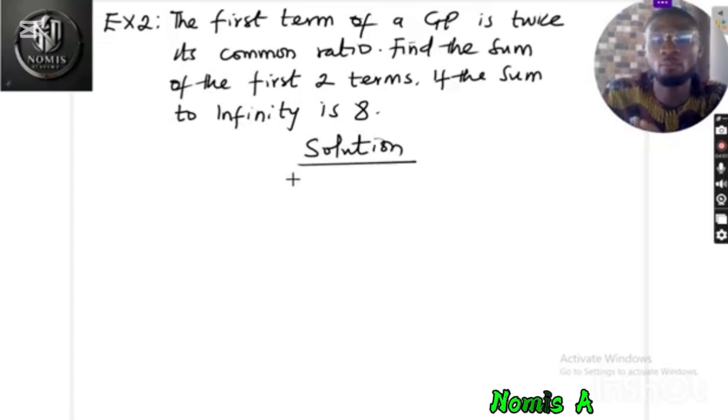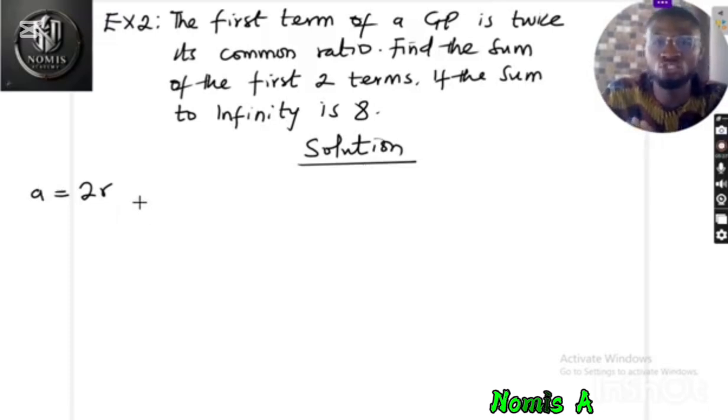The first term of a GP is twice its common ratio. So if I'm listing the GP now, the first term is 2r. So that is A. So A is equal to 2r.